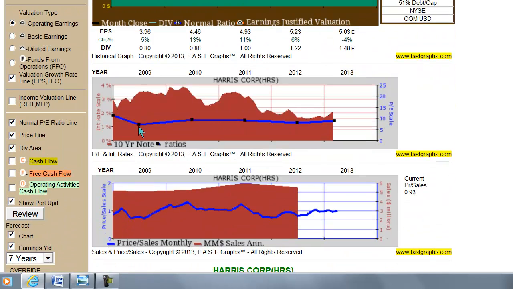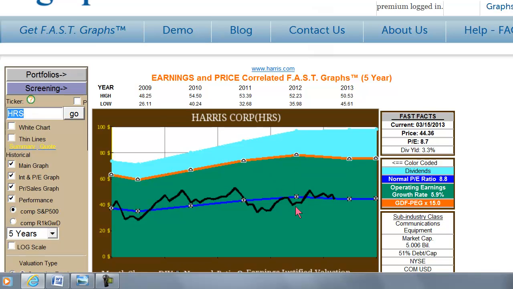You can see the year-end PE ratio by the end of 2009 was 7. It was back up to over 9 by 2010, still over 9 by the end of fiscal 2011, and it was 8 at fiscal 2012, and it's currently 8.7. In other words, this simply becomes a measurement. We know this is 8.8 times earnings. This is above that. This is below that. It's currently trading right at that.